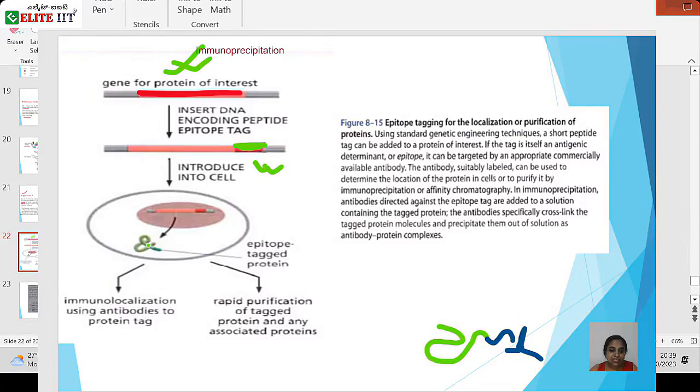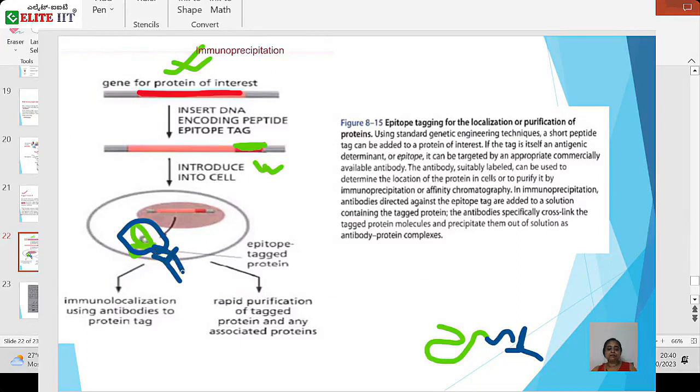In this figure, the green part is the protein of interest, and the blue part is the epitope that you tagged. Against this tag you have an antibody. If you add the antibody with beads, the whole complex will be precipitated.